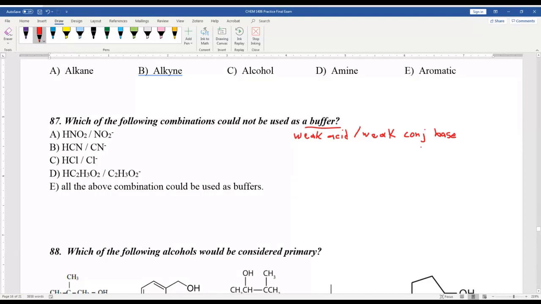So a weak acid and its conjugate base. So if I look at this, which could not be used as a buffer?